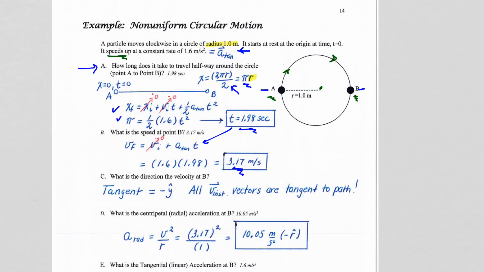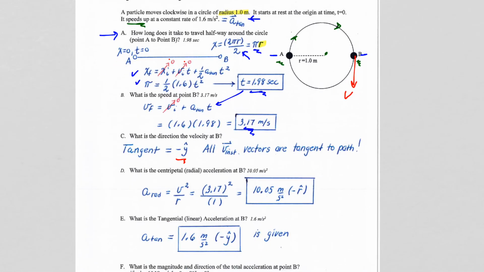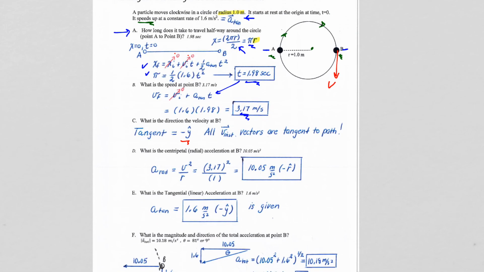The direction of the velocity, I hope everyone got that right. That is always tangential, so at point B, the velocity is here, tangential, so it's going to be in the negative y-hat direction for this picture, but always tangential. The centripetal acceleration, v squared on r, we are going to use our v from part B in here to get our radial acceleration. They gave us our tangential acceleration.